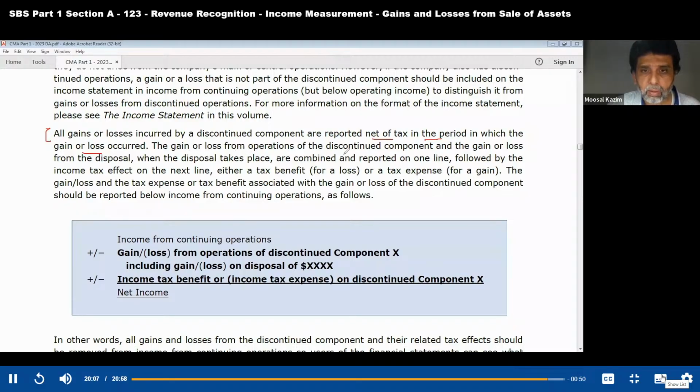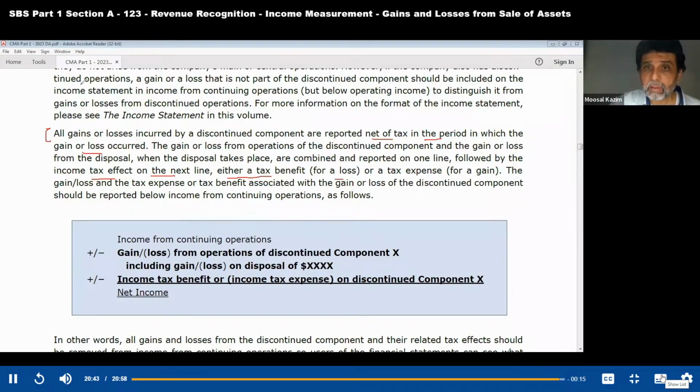Okay, so the gain or loss from operations and the gain or loss from disposal, when disposal takes place, are combined, reported on one line, followed by the income tax effect on the next line, either tax benefit or tax expense. Right? So they should be shown in that way. And then you show the net income. So that the income tax benefit and expenses from the discontinued component is separated from the continuing operations income tax expenses. So this is about it.